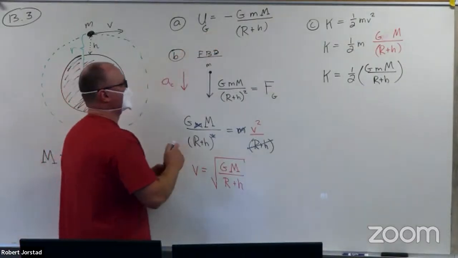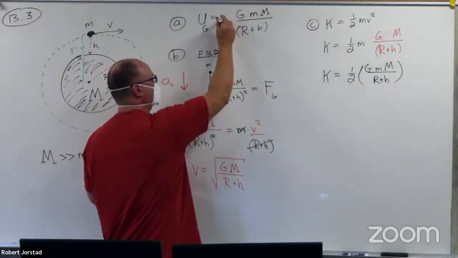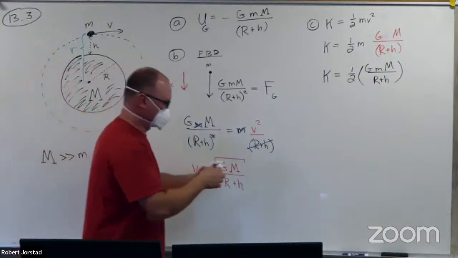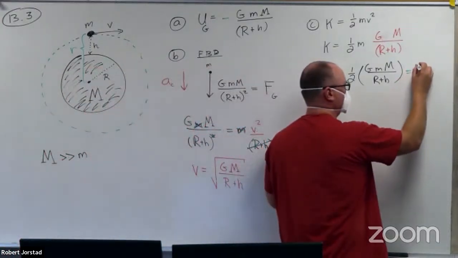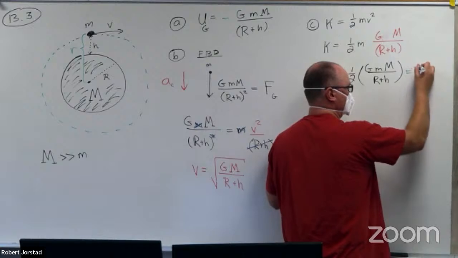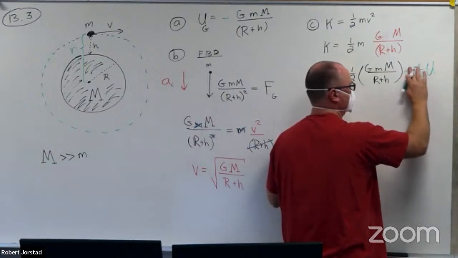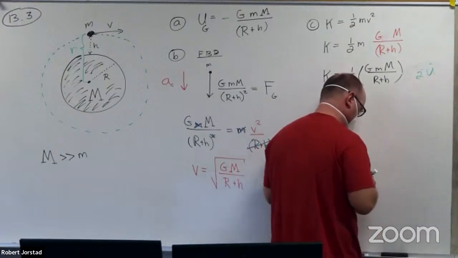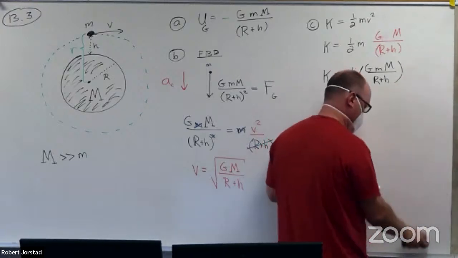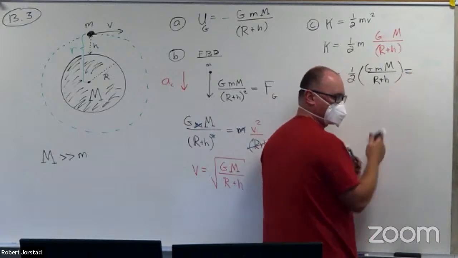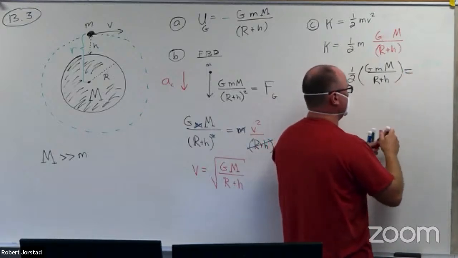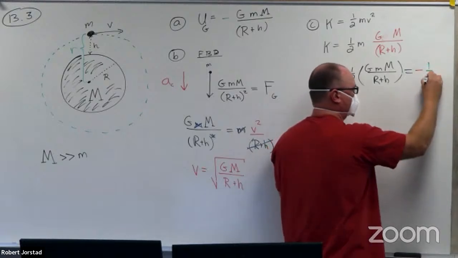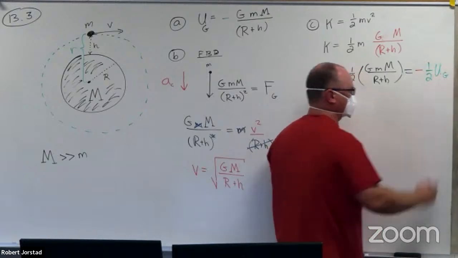Awesome. It's half of negative the potential energy. Do you agree? It's half of negative U. Negative 1/2 U_G. Good identification. That's what I was going to see if somebody noticed. It's the opposite of half of the gravitational potential energy.